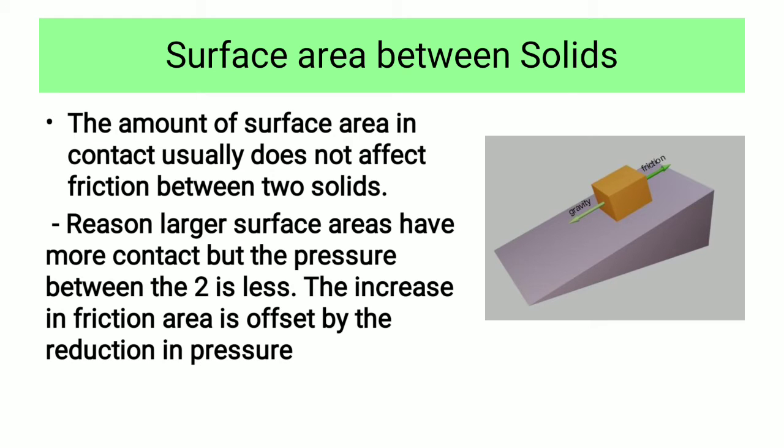In two solids, the amount of surface area does not determine the force of the body, because it becomes tangentially divided when we are rolling the object on the slope.